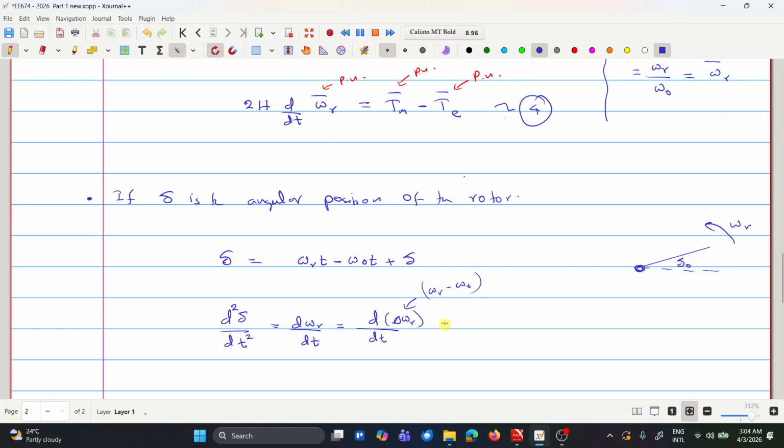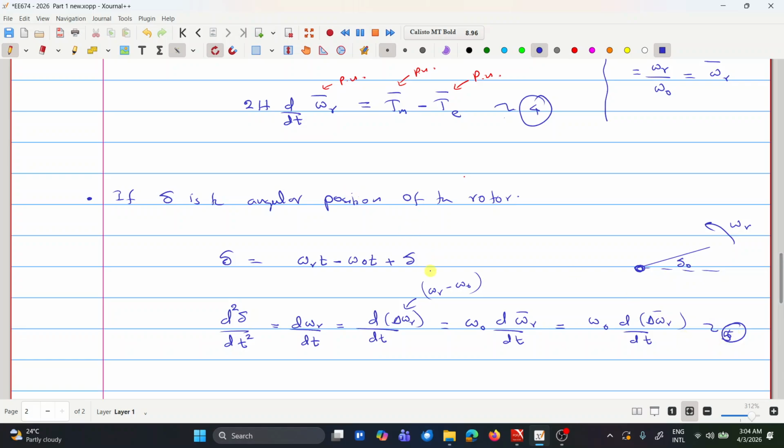And if you write in terms of per unit, you can write this as omega naught d omega r over dt, or omega naught d delta omega r over dt, right? Let's say this is equation 5.